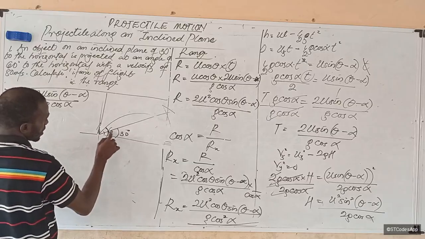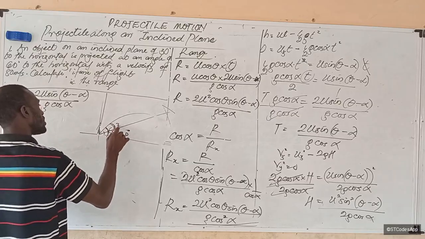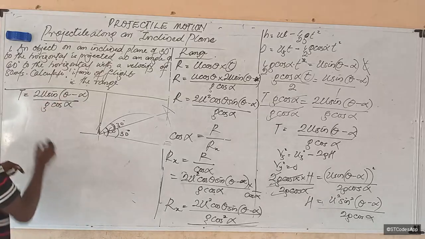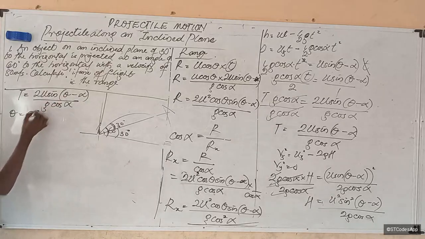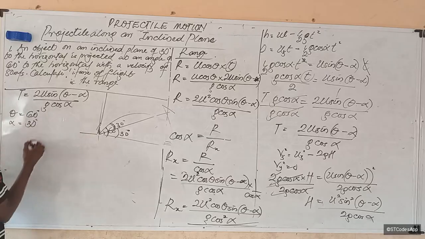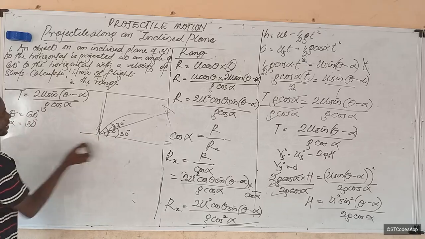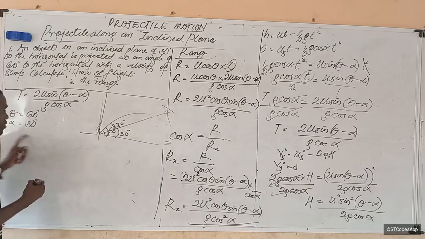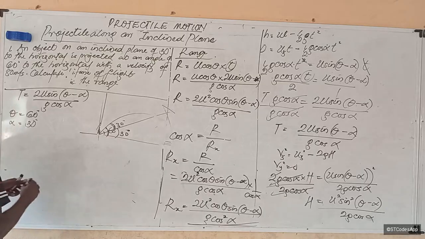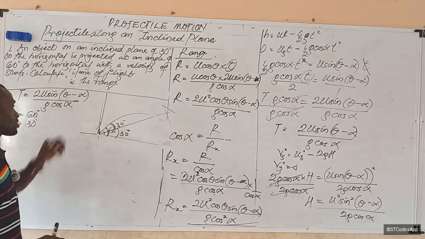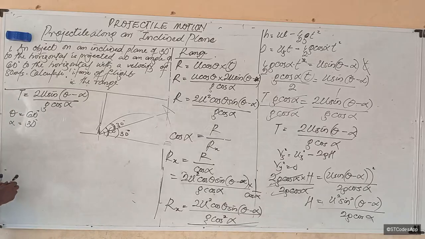So it means the angle here is 30 degrees. Our alpha is 30. Our theta minus alpha is 30 degrees. So our theta is 60 degrees because it's to the horizontal, and our alpha is 30 degrees, the angle of inclination of the plane to the horizontal. Theta is the angle of projection to the horizontal, 60 degrees. So we are good to go.